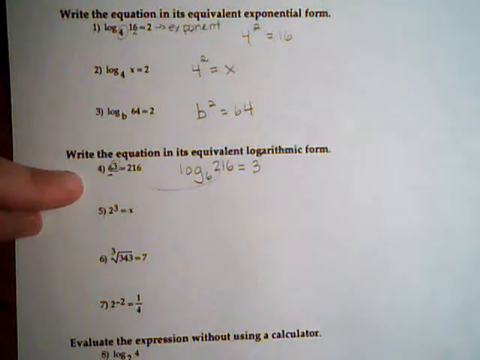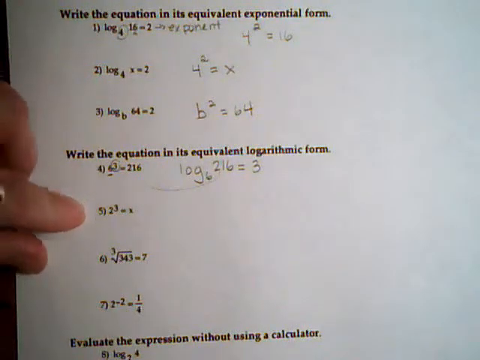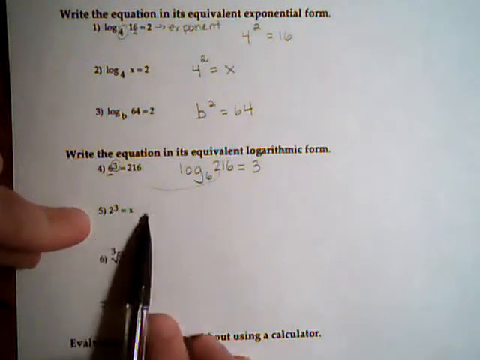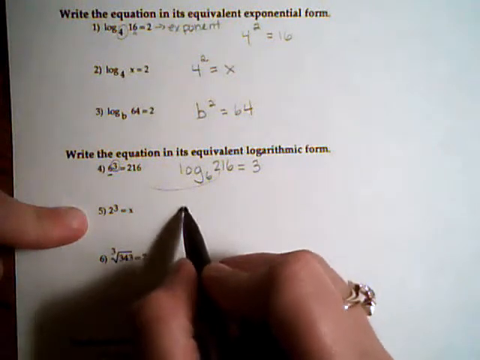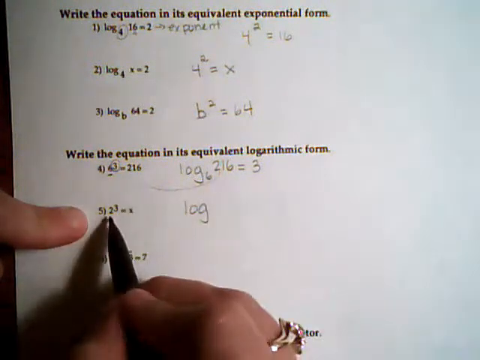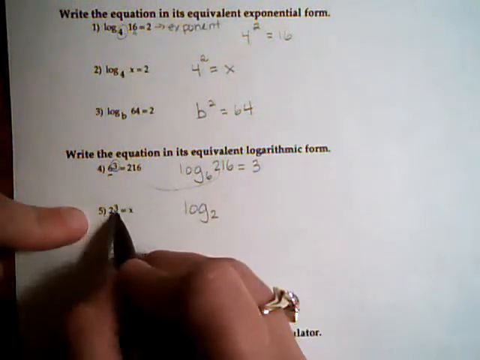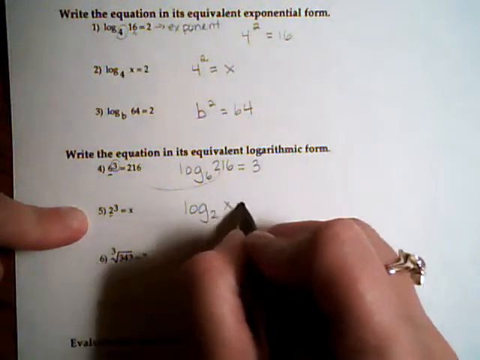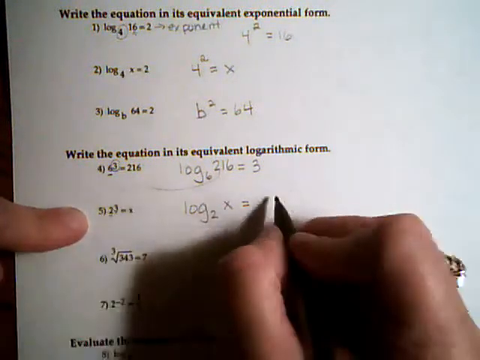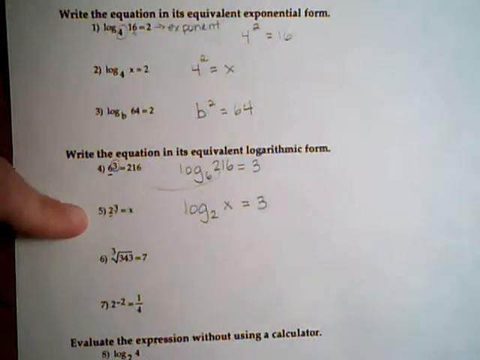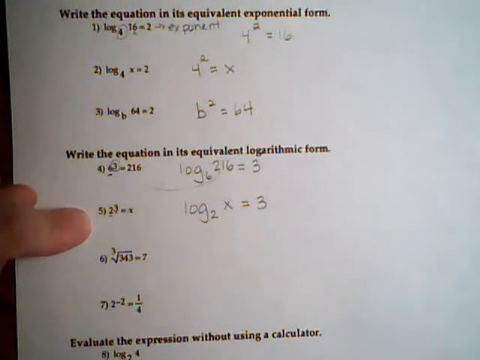That would be our equivalent logarithmic form. On number 5, 2 to the third equals x. My base is 2, so log base 2 of x is equal to the exponent, 3.